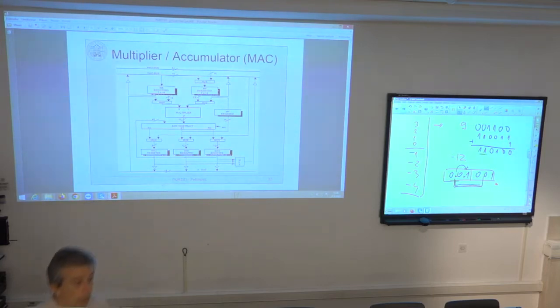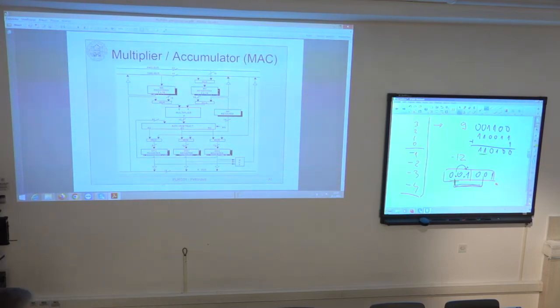Because this multiplier by default operates in this fractional mode, it means that automatically after multiplication, the integer product is shifted to the left by one position. But if I want to operate in integer mode, then I have to change this control bit in one of the control registers, and then it deactivates this left shift. It operates as a conventional integer multiplier.